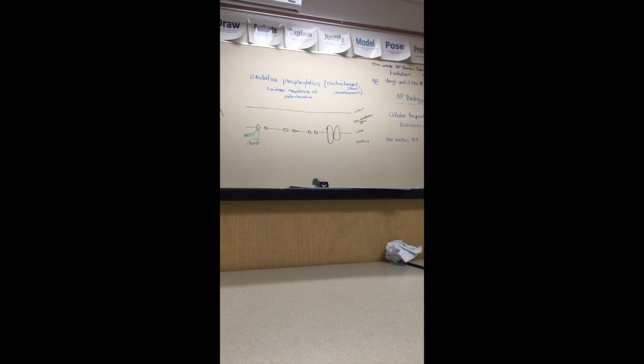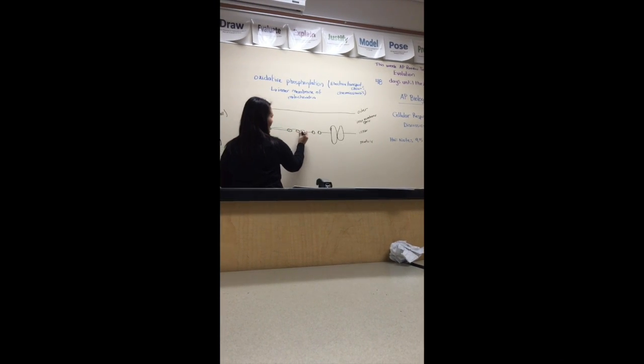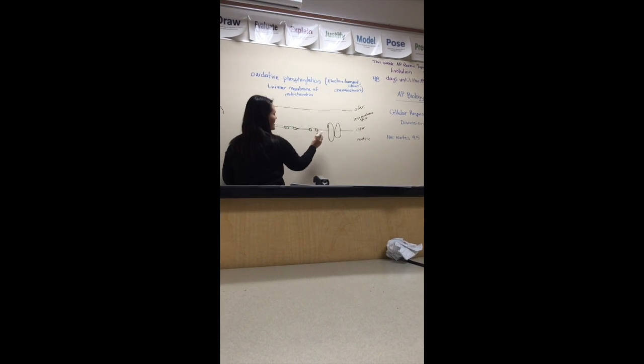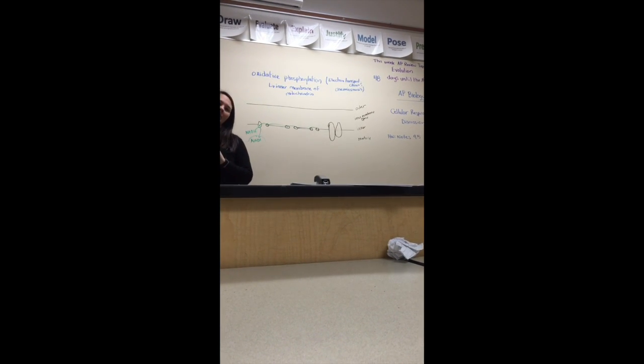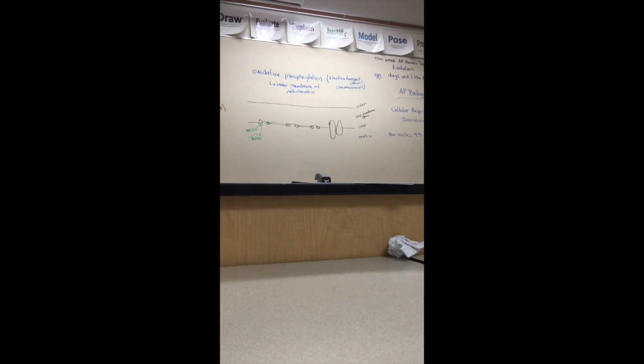Good. Now this electron is going to be driven down these proteins because there's an electron acceptor at the end. What piece of cellular respiration have we not talked about, or what molecule do you think is my electron acceptor down there? At the end.